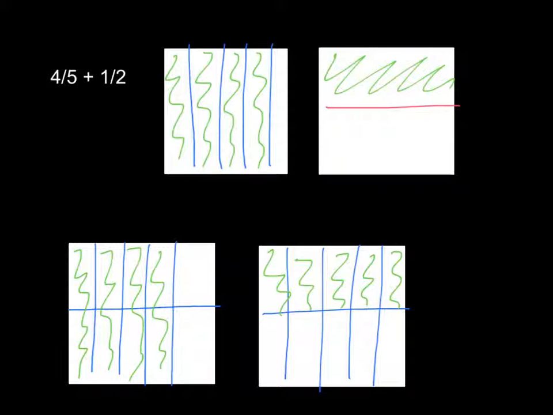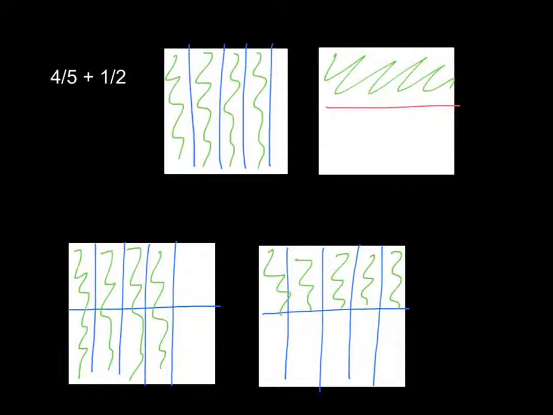Remember that 4/5 I'm estimating to be greater than 1/2, and 1/2 is 1/2. So I'm going to say that my sum is going to be greater than 1. So I'm going to need to draw at least 2 rectangles. And to do that, we're going to start up at the top. I split this into 4/5 and the second rectangle into 1/2.